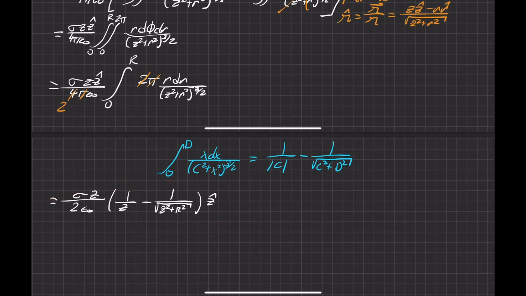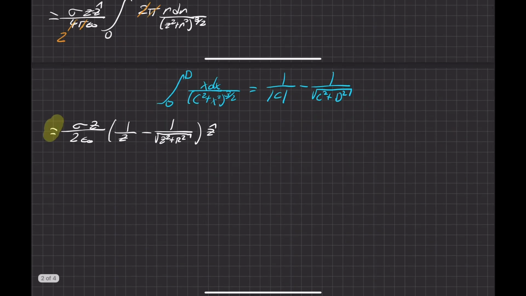That's one part of our end state: we just found the electric field at some point z above a charged disk that has some radius r and some charge density sigma. But the question asks us to do a little more analysis, so I'll write this one out explicitly. When r is much greater than z, let me rewrite that disk here.